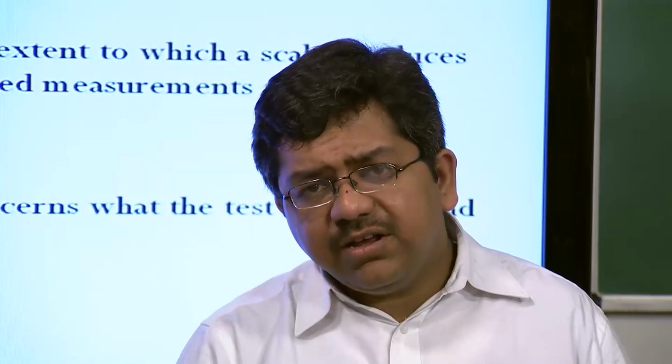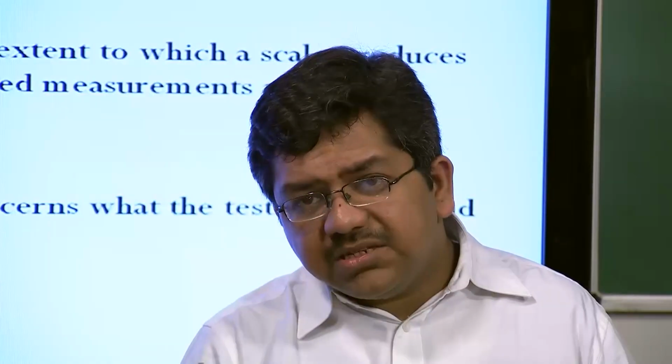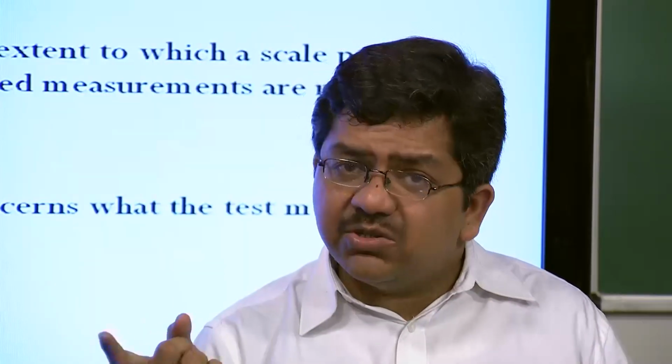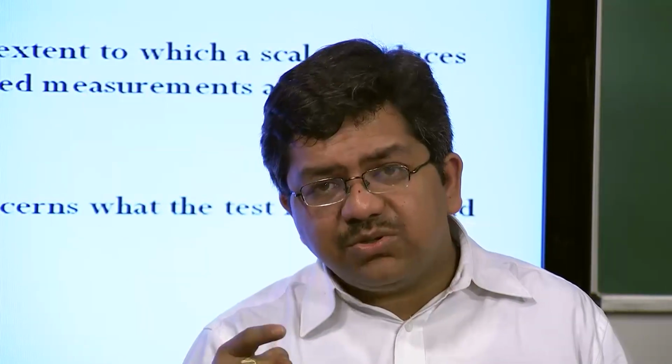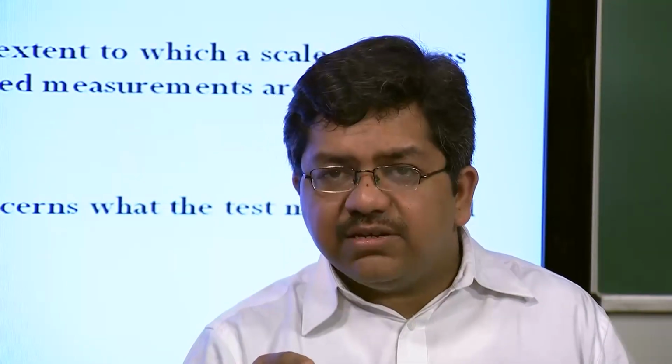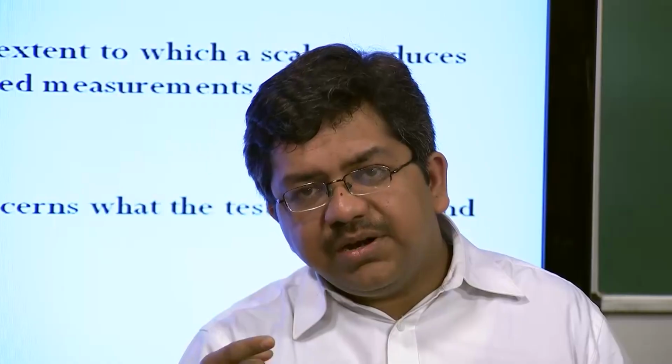If your weight comes every time as 67.5, then you will understand that this is a reliable measure, but it is not a valid measure, because it is not measuring what it is supposed to measure, that is 65 kg. However, it is reliable because it is giving you the same measurement every time.